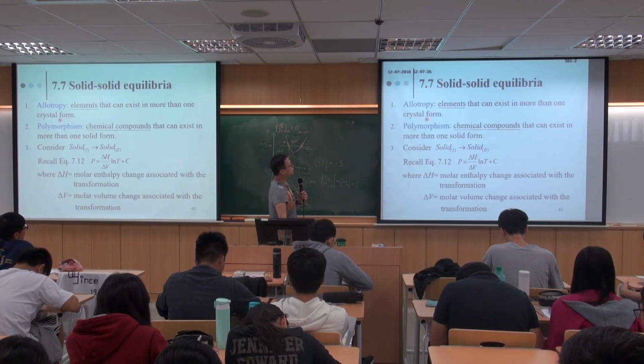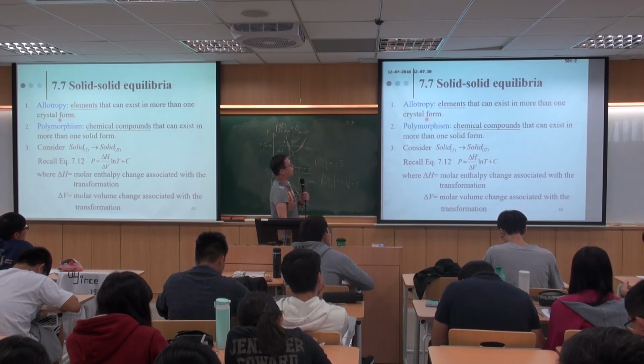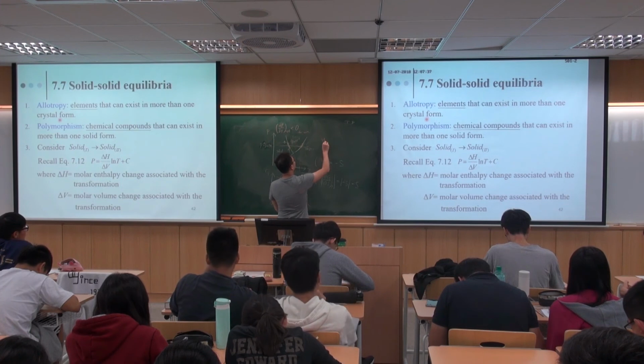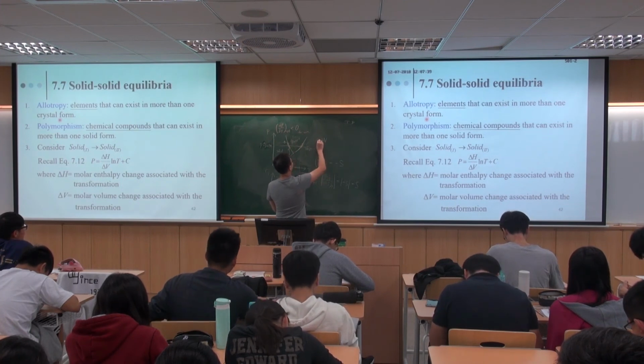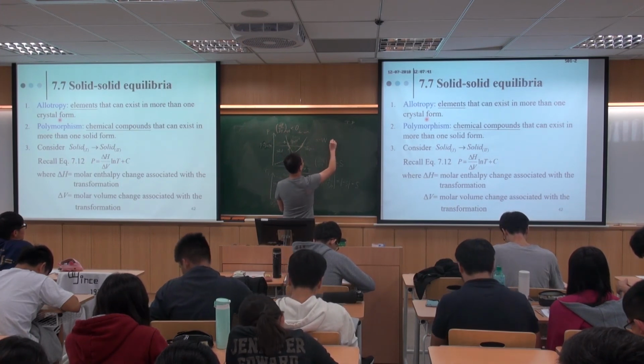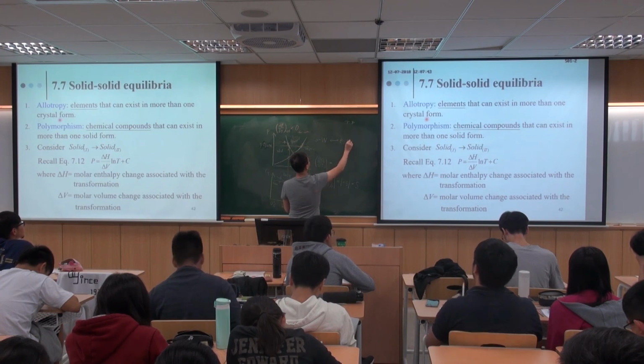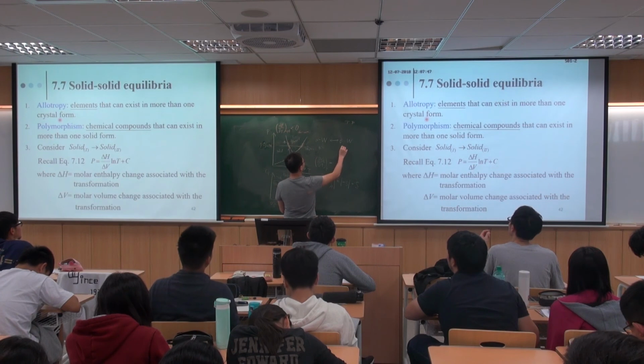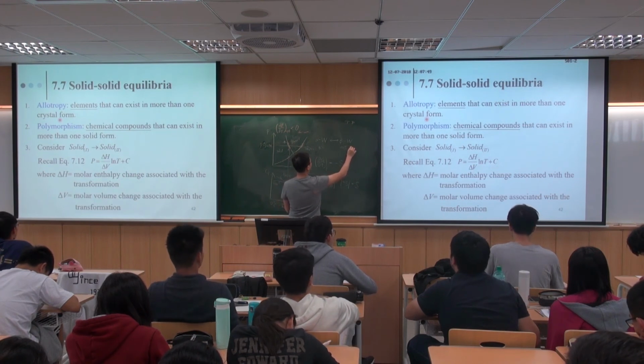And in fact, it has different kinds of forms. It has beta phase and alpha phase. So even for tungsten, you have alpha phase and you have beta phase. And alpha tungsten is BCC, and beta tungsten has this kind of A15 cubic structure.